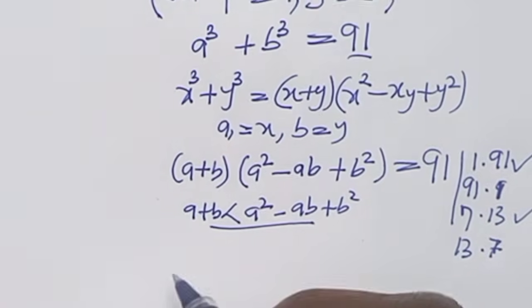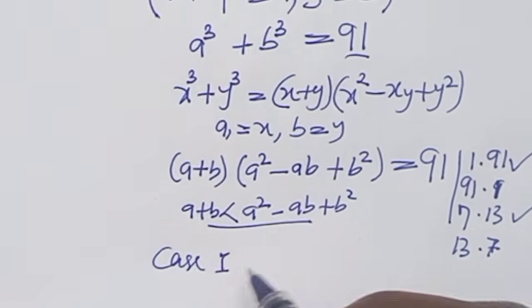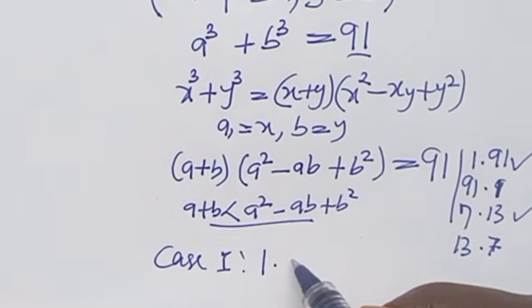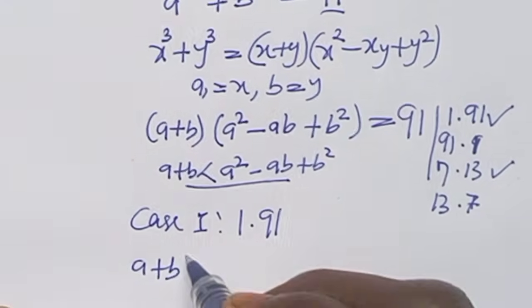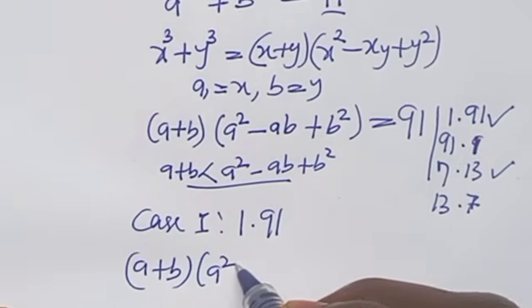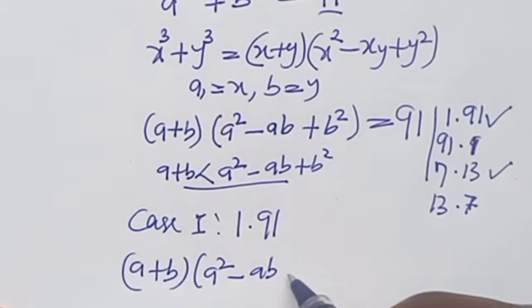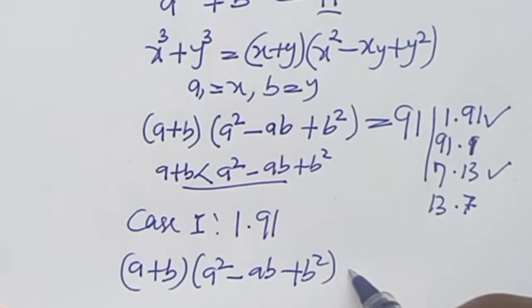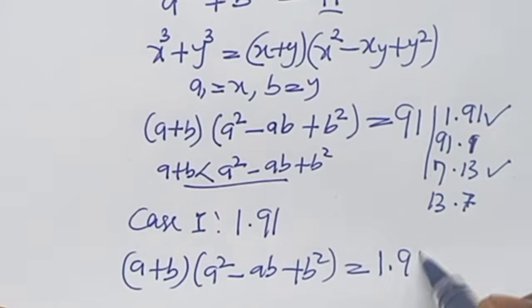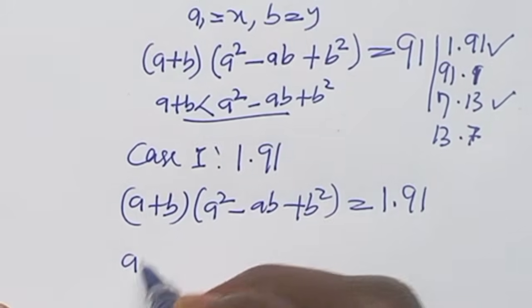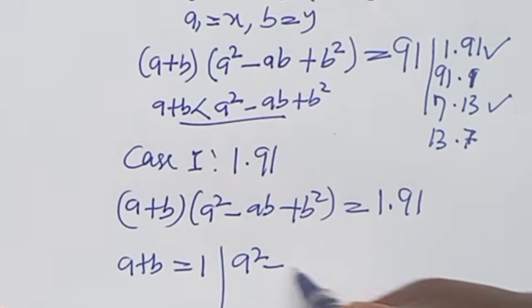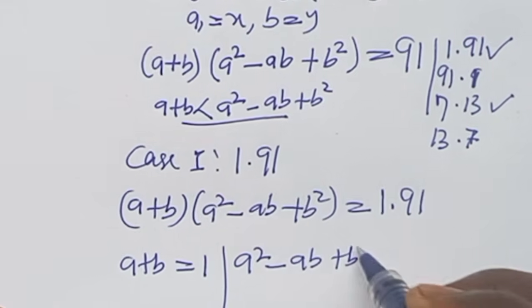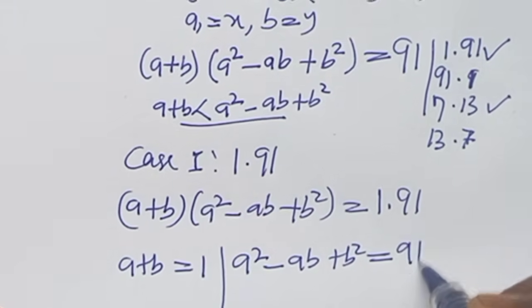So if we consider case 1, that is 1 times 91, our equation a plus b times a to the power of 2 minus ab plus b to the power of 2 will be equal to 1 times 91. So that a plus b will be equal to 1, and a to the power of 2 minus ab plus b squared will be equal to 91.